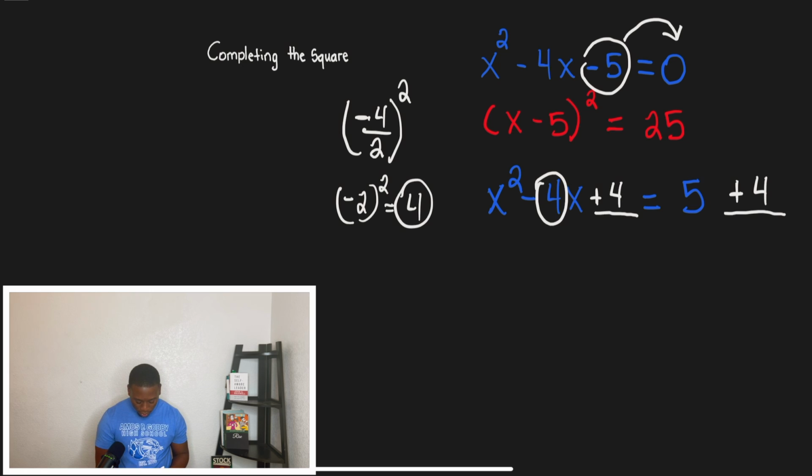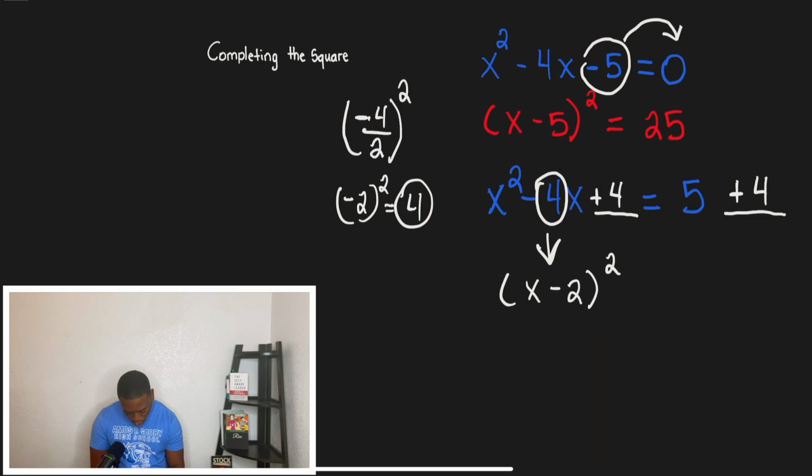So what we need to know is that whatever we divided that middle term by, that's what's going to be our binomial, our perfect square. So this is what I mean. This trinomial now is going to simplify to x minus 2 squared.